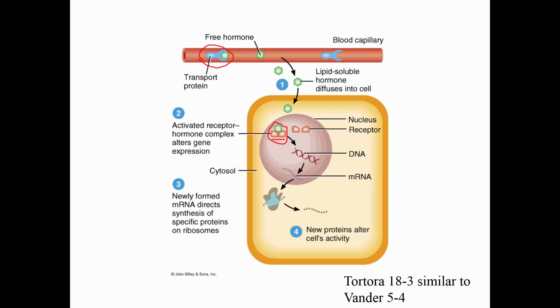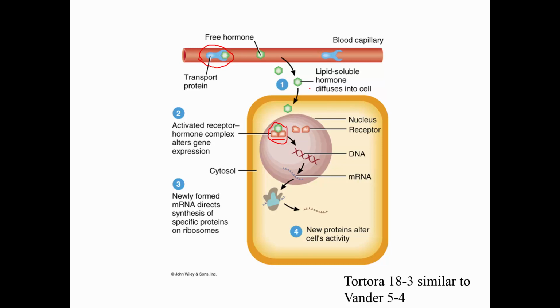Messenger RNA then goes out into the cytoplasm and is then translated into a protein. That protein has to be folded and activated, but we get new protein synthesis from gene expression, usually from lipid-soluble molecules. So this is certainly how estrogen and progesterone and testosterone work.